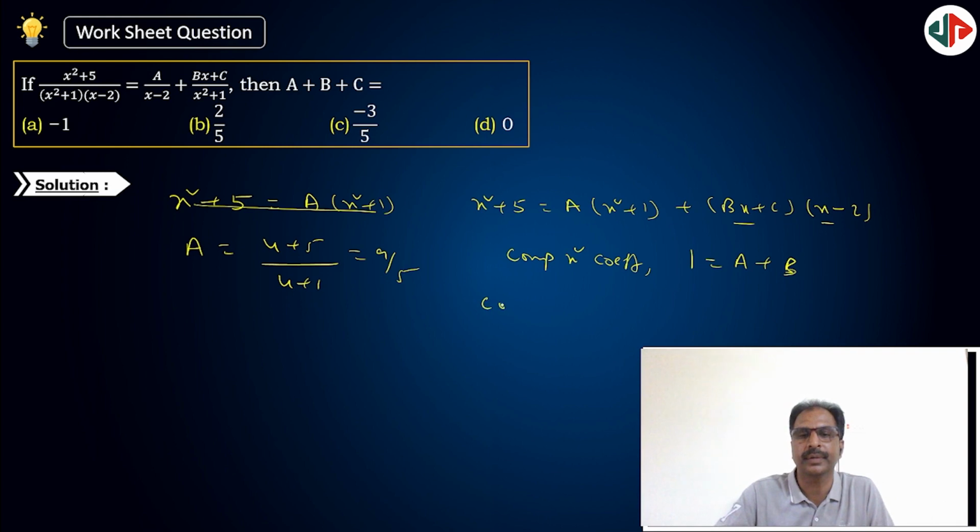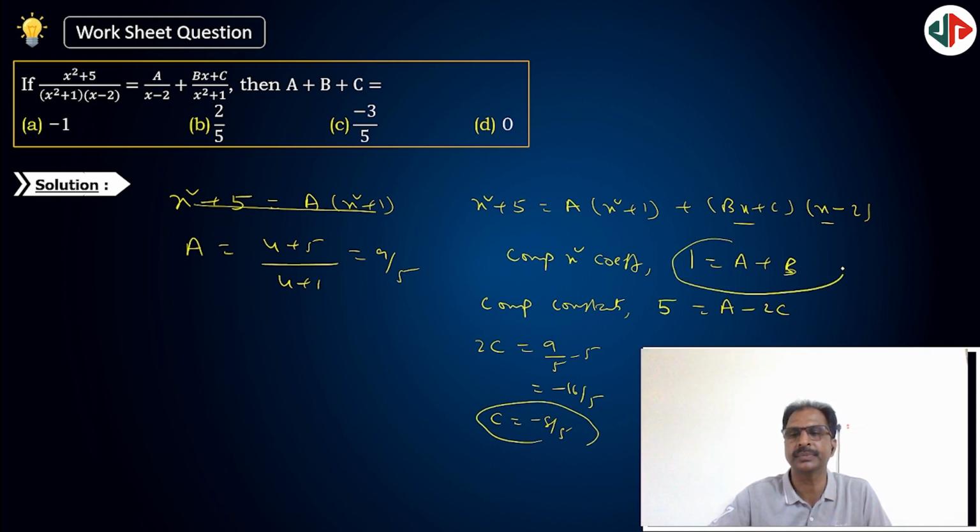Then comparing constants on both sides. Left hand side constant is 5, right hand side constant is a into 1, a, minus 2c. From that you can find C. So 2C is equal to A minus 5, 9 by 5 minus 5, 9 minus 25, minus 16. So from this C is equal to minus 8 by 5.